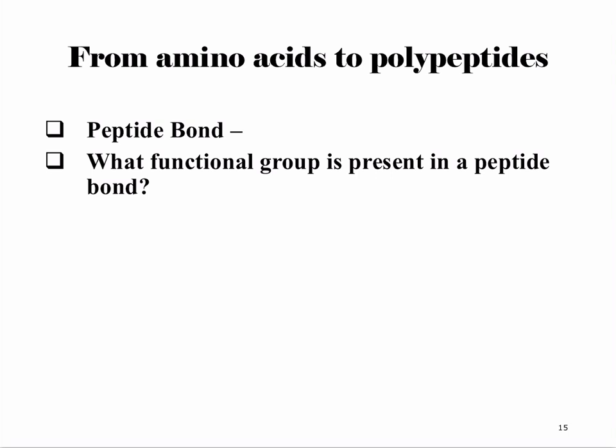And so going from amino acids, now that we've talked about amino acids, we can then go to polypeptides, which are then polymers of amino acids. And they're held together by what we said, covalent bonds, right? So these are covalent bonds.